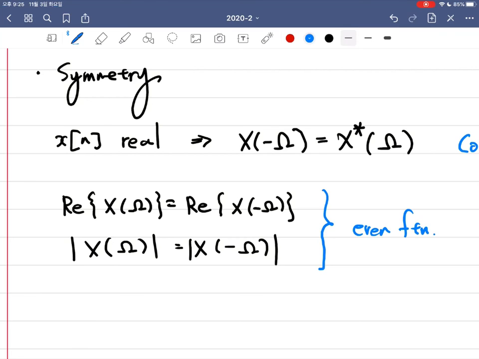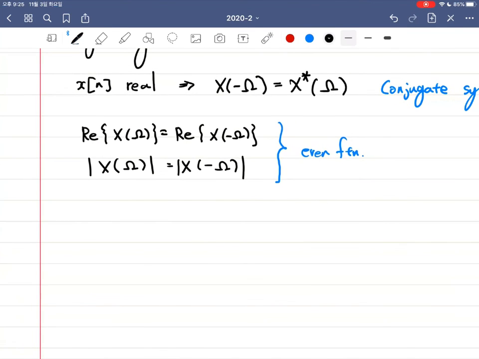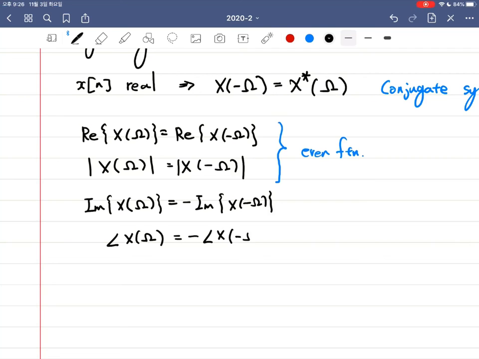Remember that we have written this down during the continuous time Fourier transform properties. Now I think you know what I'm going to write down right now. For the imaginary part, you have to put the minus sign in front to make the equality, because it has the property of an odd function, and also for the phase too. For the phase angle, you need to put a minus sign here. So it's a huge difference. You had the odd function.